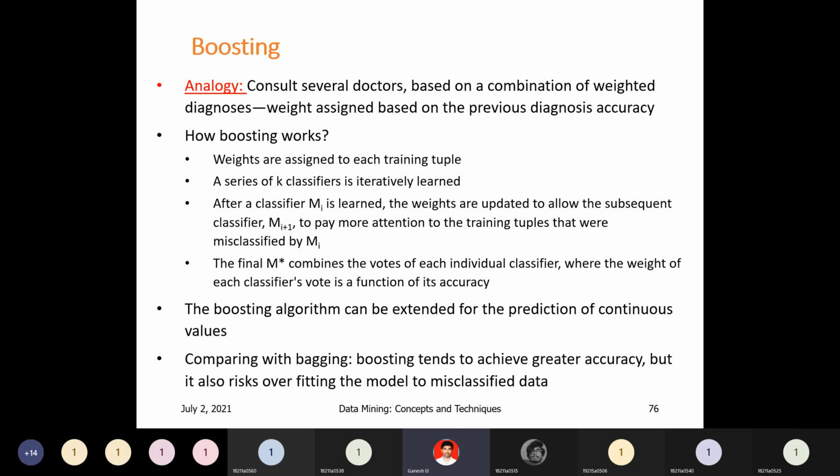After a classifier Mi is learned, the weights are updated. From this model we get some result, and from that result you give some weight to the next records, so the weights are updated subsequently. When you go to model 2, you are also giving weights.